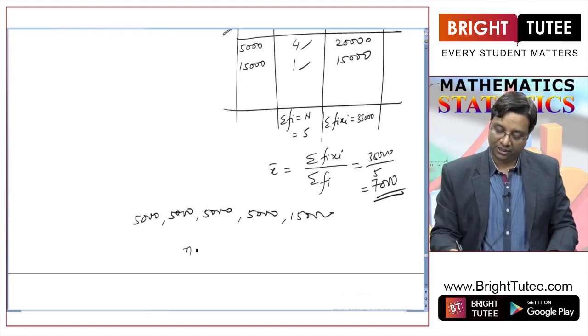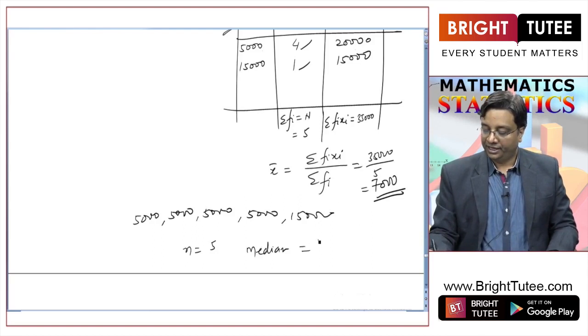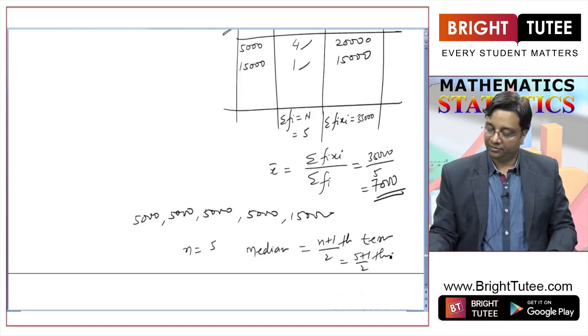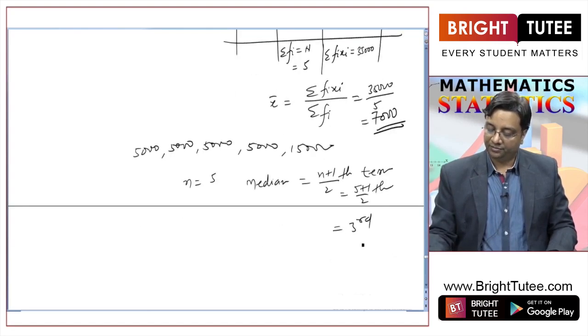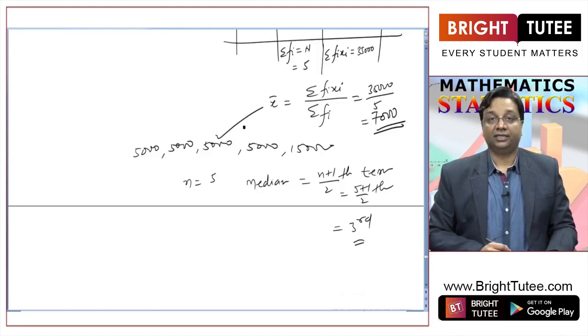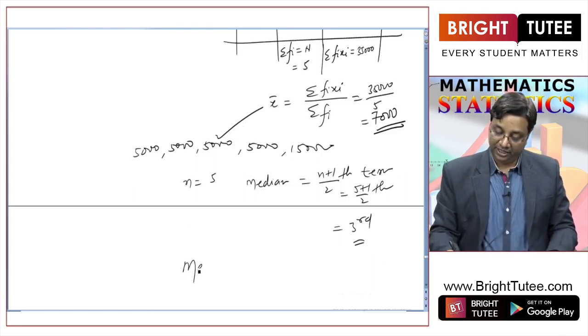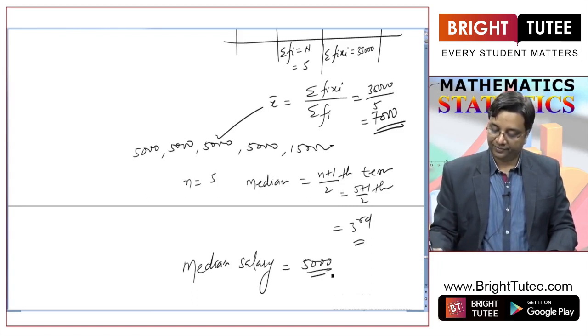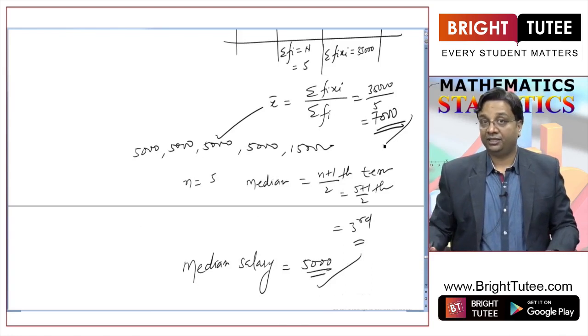N is 5. So median will be the (n plus 1) by 2-th term. That is the (5 plus 1) by 2-th term, which is the third term, which in this case is 5,000. So their median salary is 5,000.